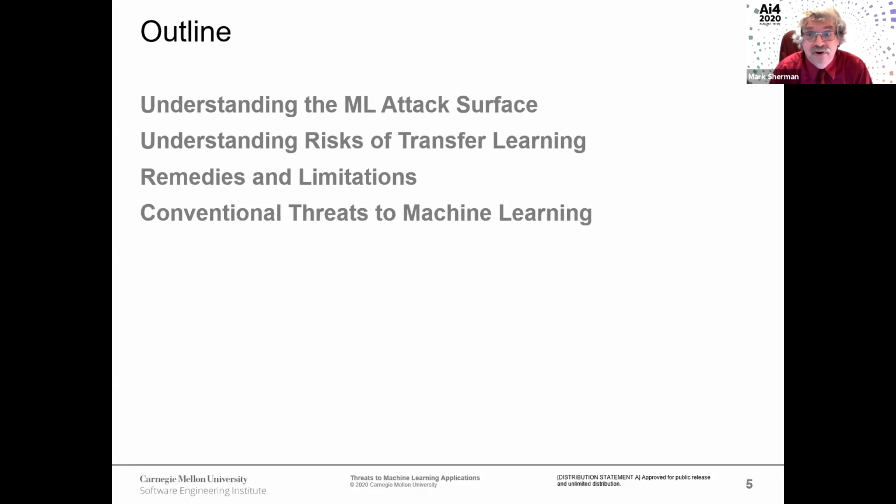My intention here is to give you an understanding of what's going on under the covers. Not detailed mathematics. I'm not going to be going into the statistics of how all this is done, but to give you an appreciation of where these attacks happen, why they happen, what you can do about them, and how that fits into the larger scheme of vulnerabilities in building these kinds of systems.